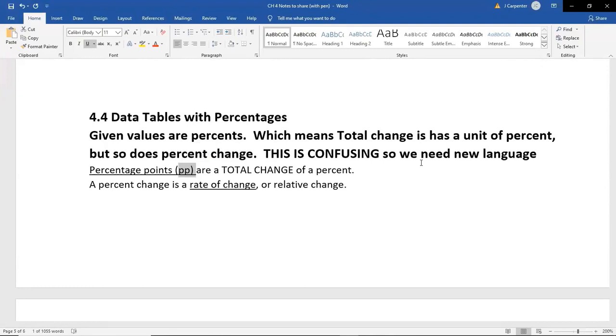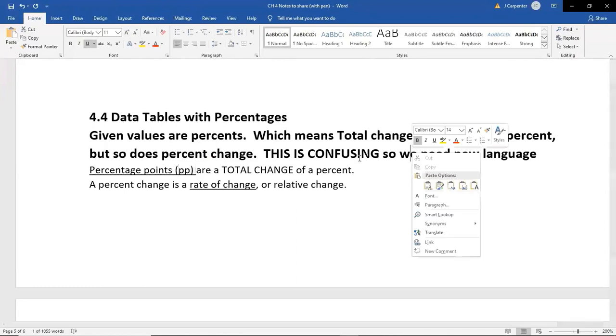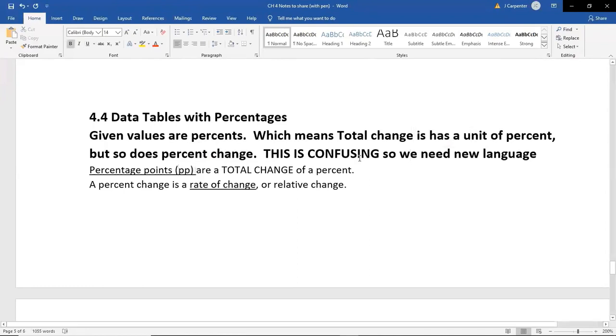And that is how the media can confuse you. They'll give data that says, oh, this is a percent, and then, okay, well, that just means it went from 2 to 4. So it was a 2% increase. That's not actually true. It's a 2 percentage point increase if it went from 2 to 4%. Because if you say it's a 2% increase, you're going to have issues later down the line. And we'll see that in the next example, why the language can be confusing.